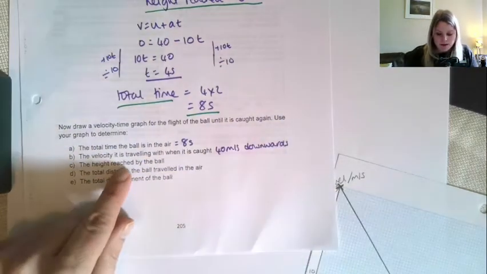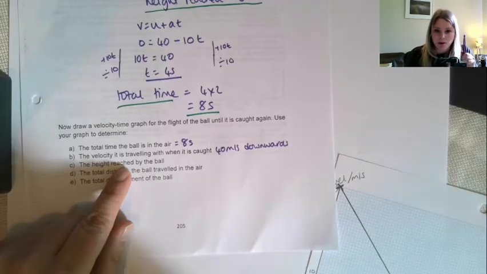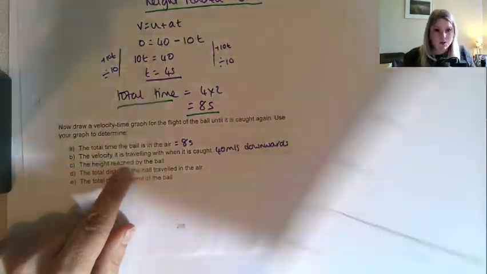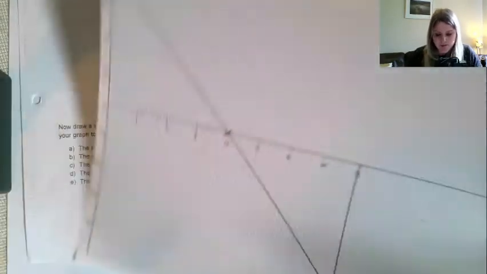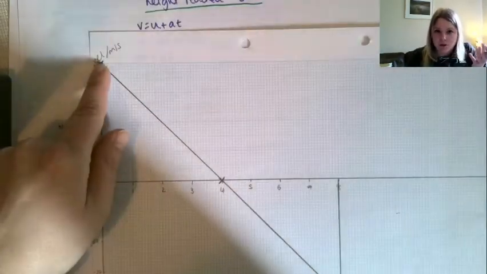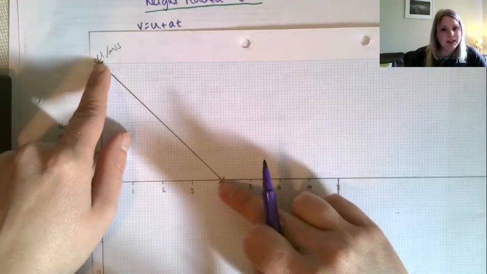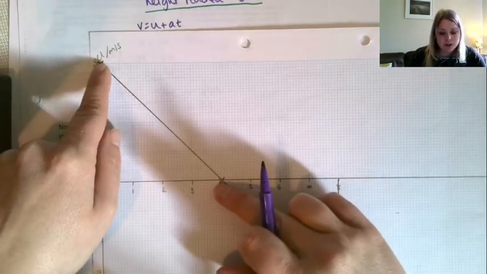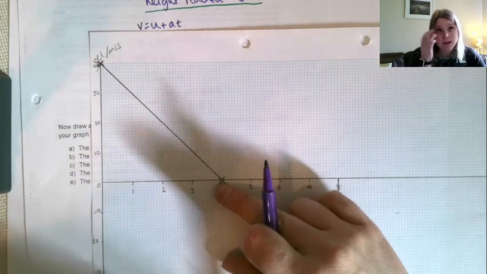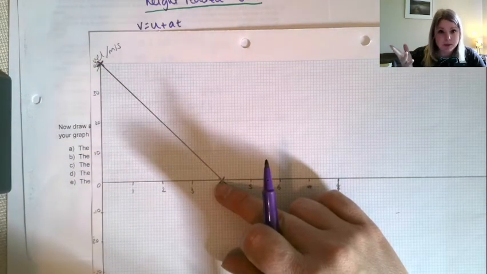Okay. The height reached by the ball. Now, I know we figured that out above, but we're going to show how we can get that from the graph. So if you remember, this is the point from where it was thrown, and this is the point at its maximum height. And do you remember the wee rule that the area underneath a velocity time graph gives you the displacement?